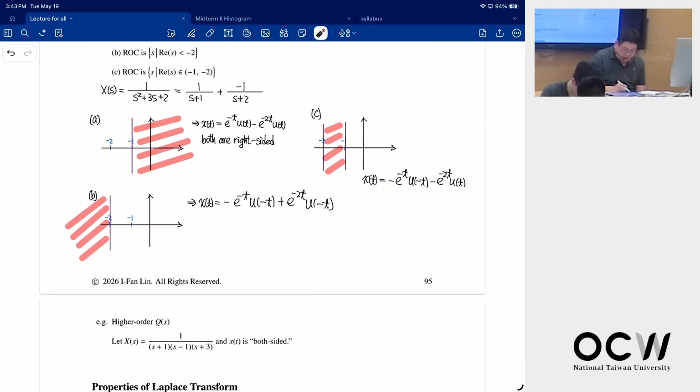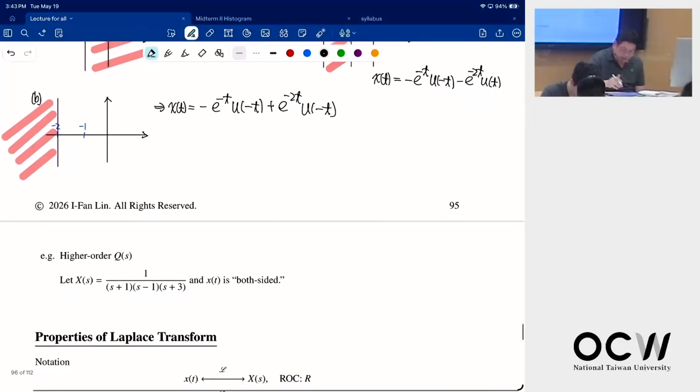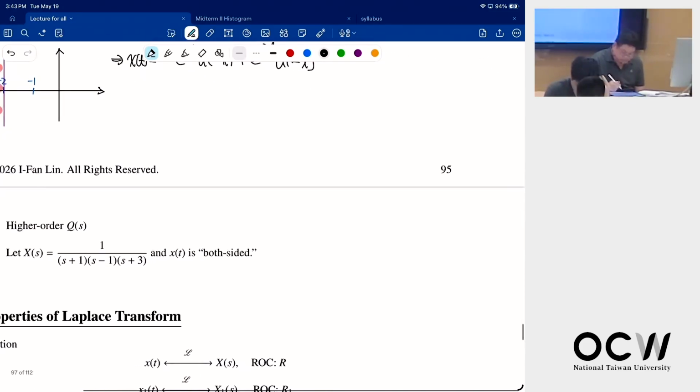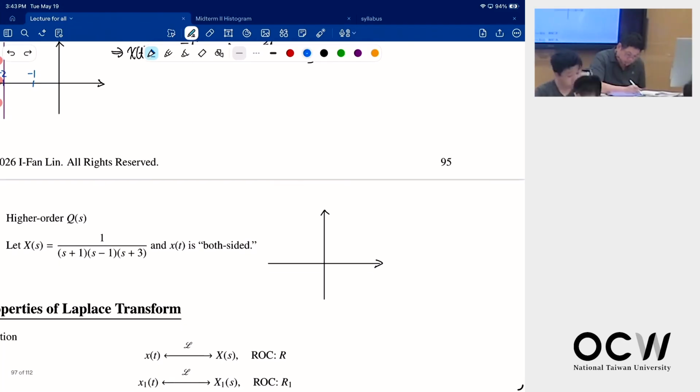If I have a higher order of the denominator, like this one, and x is both-sided. What is the region of convergence? So here we see that the poles are 1, minus 1, and minus 3.